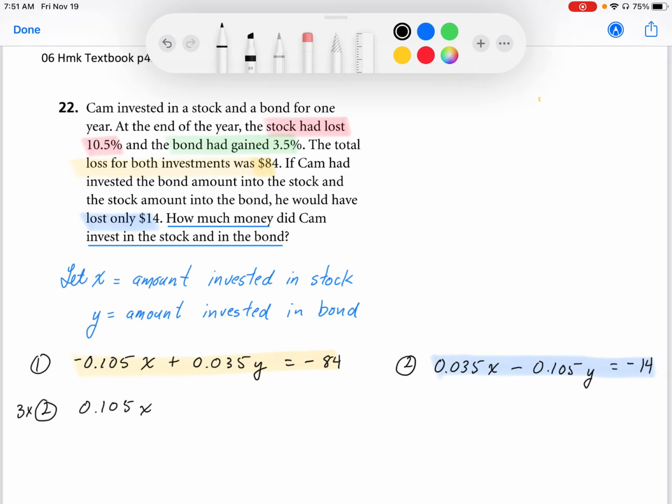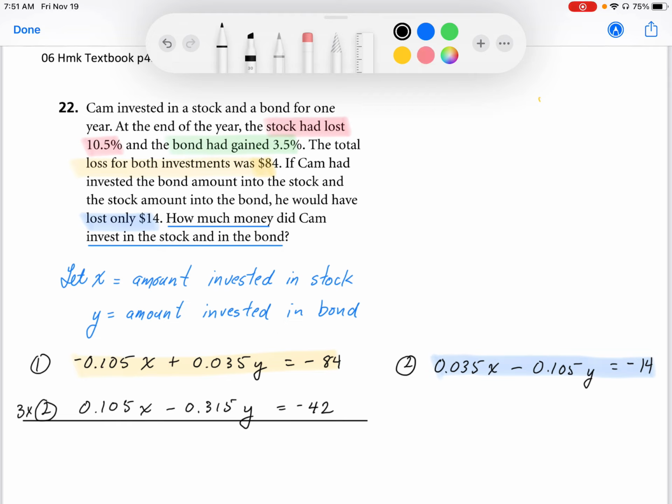So 3 times 0.035x is going to be positive 0.105x. Negative 0.105 becomes minus 0.315y, and make sure we multiply all parts of that equation. So 14 times 3 gives us negative 42.